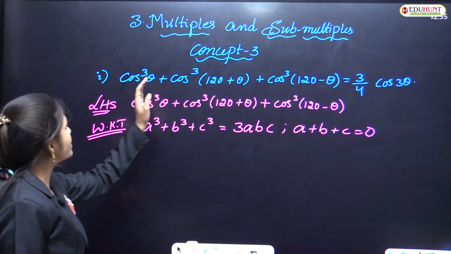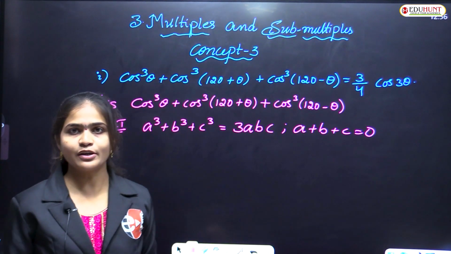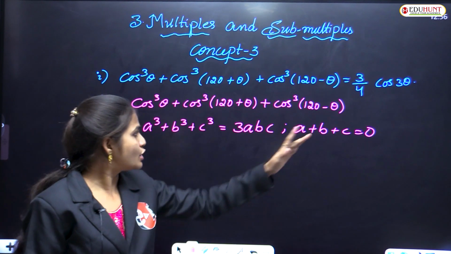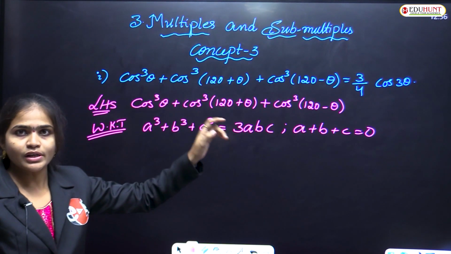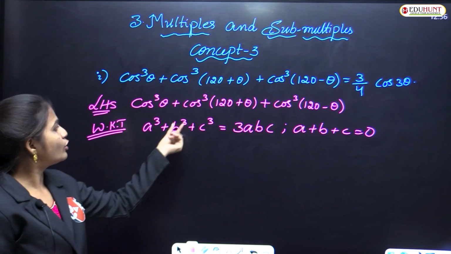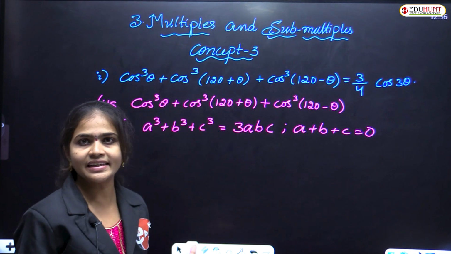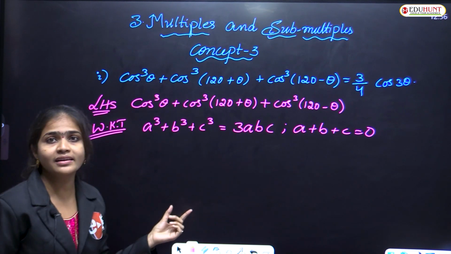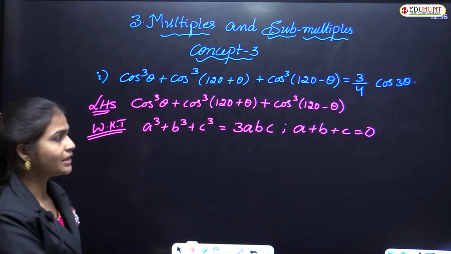If you take cos theta plus cos 120 plus theta plus cos 120 minus theta, it is equal to 0. Already we learned that. So that's why here we can apply that if a plus b plus c is equal to 0, then a cube plus b cube plus c cube is equal to 3abc. This is one of the conditional identities in algebraic identities. So this formula we have to apply here.